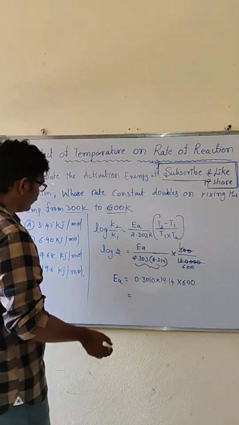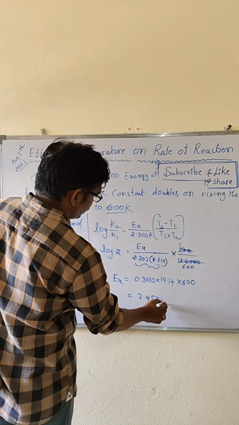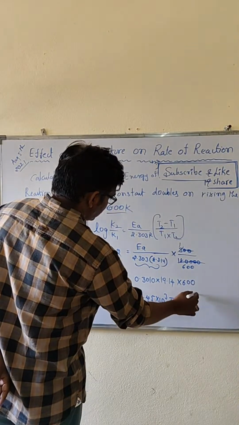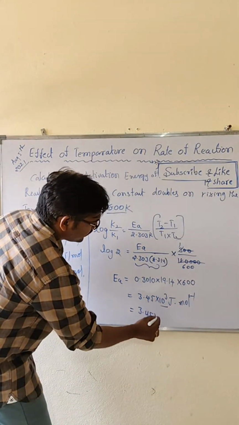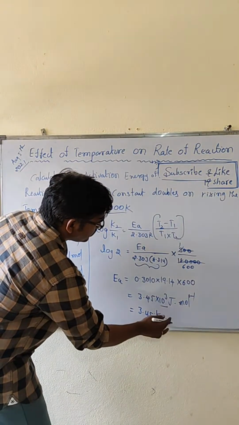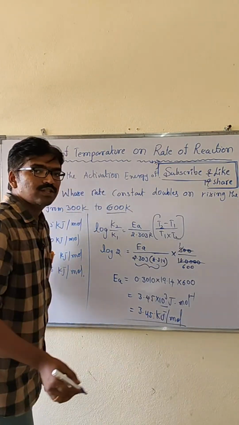If you do this, you get 3.45 into 10 to the power of 3 joules per mole, that is 3.45 kilojoules per mole. This is the answer, my dear students.